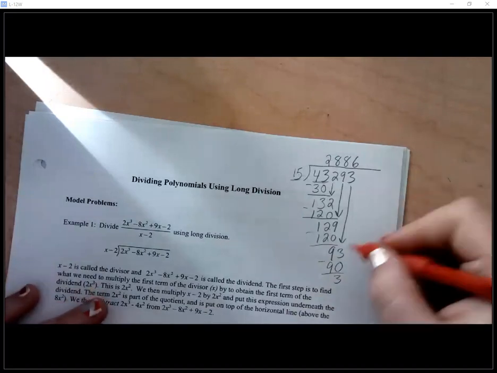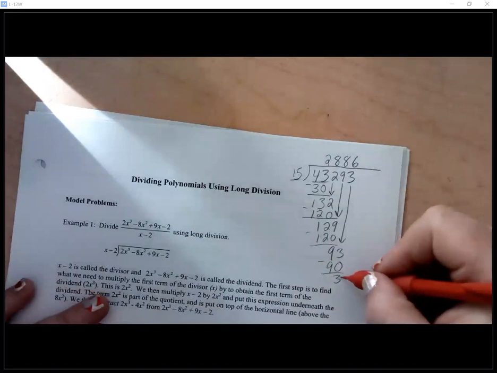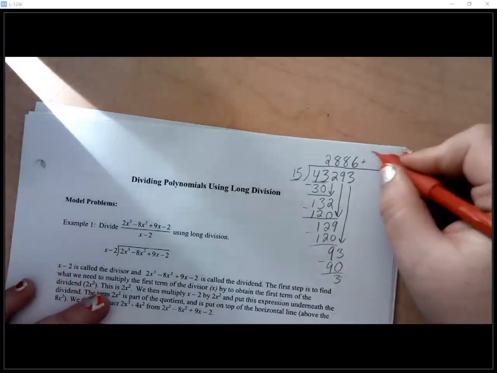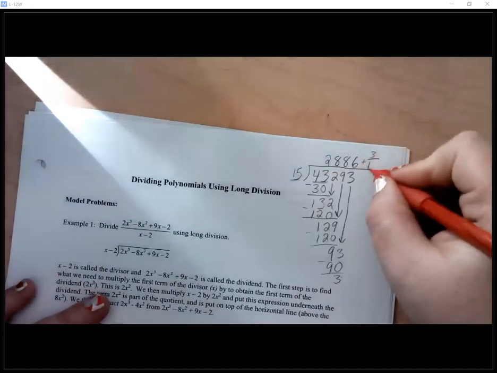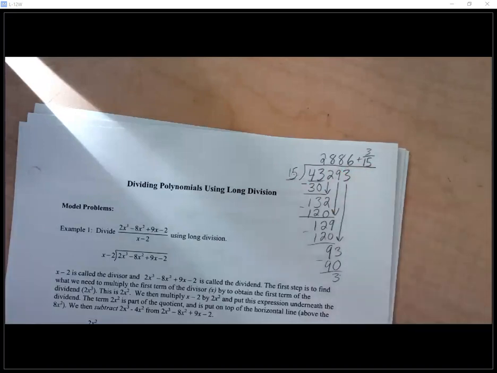Another way to write a remainder is 3/15 left over. Whatever your remainder is, I can just put that over whatever I was dividing by. So 2,886 and 3/15 should be my final answer.